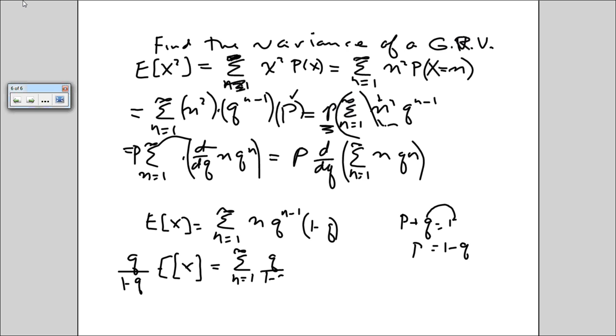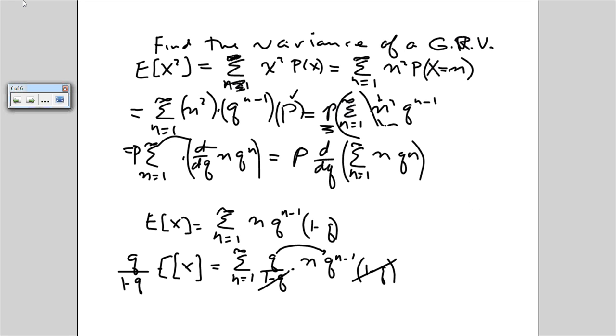Everything else stays the same. It turns out that the 1 minus q's cancel, and when you multiply this q by the q to the n minus 1, you get q to the n. So this is equal to the summation as n goes from 1 to infinity of q to the n times n.